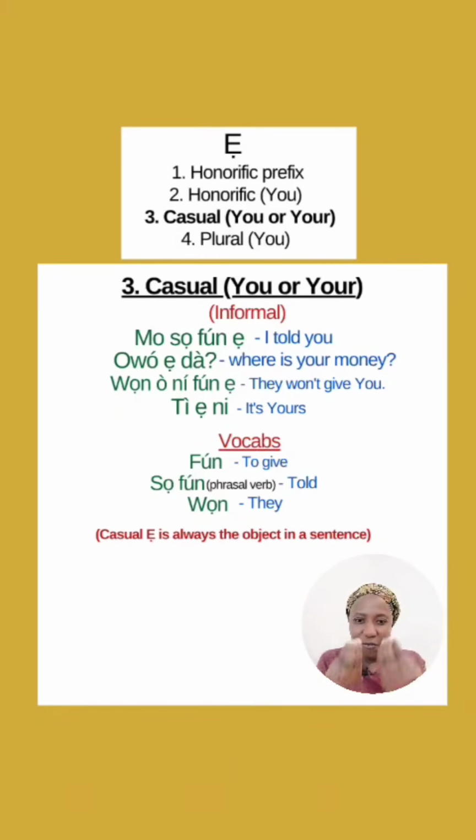So, mo sọ fún ẹ, I am giving this saying to you. So sọ and fún together in this phrasal verb becomes told. Mo sọ fún ẹ, I told you. Okay, so this use of double verbs in Yoruba is very common, and it can be confusing if you don't understand the logic behind it, because naturally, if you saw the words sọ and fún, you would think, I say give you?